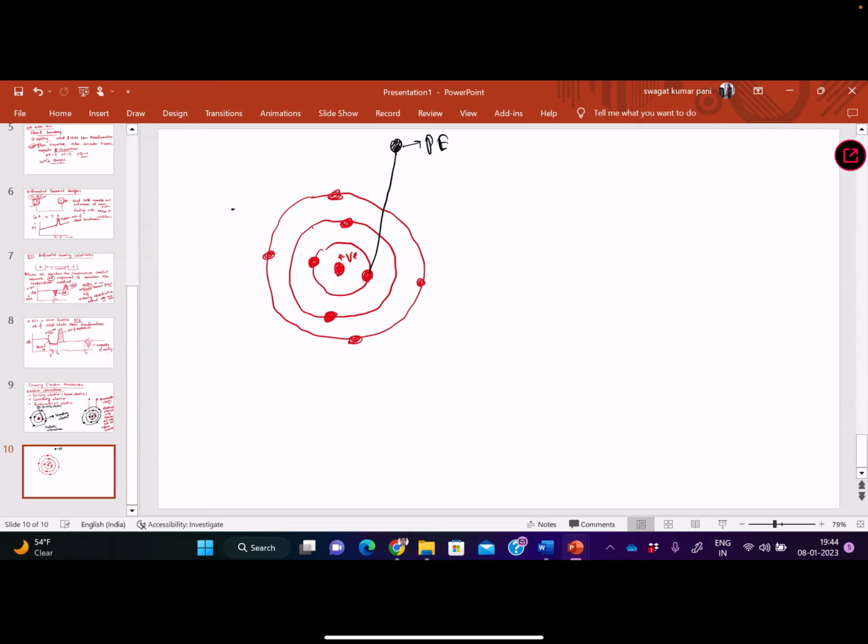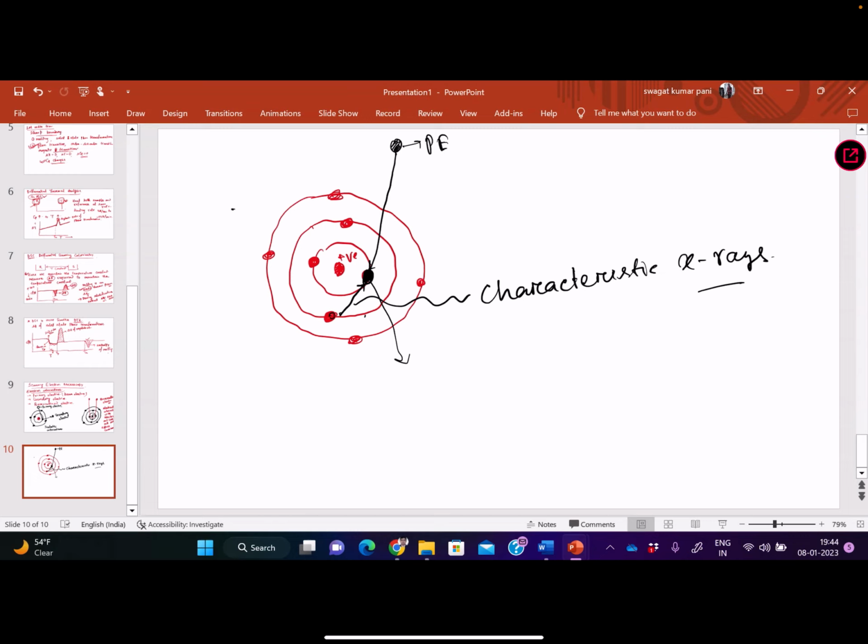So suppose this knocks out this electron, so a vacancy is created here, and that is unstable. To stabilize this, an electron from a higher orbit will come to this place. So in that process it has to lose some energy. So that energy will come out as characteristic X-rays.